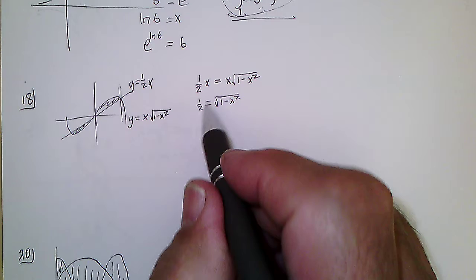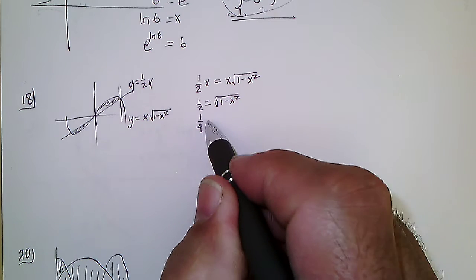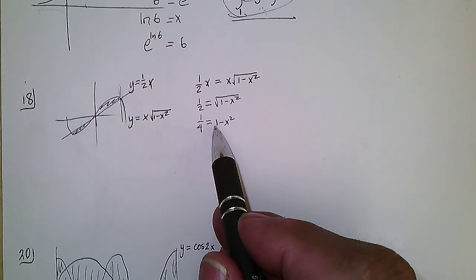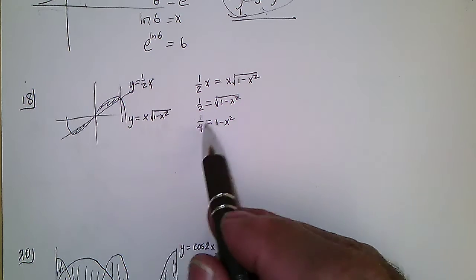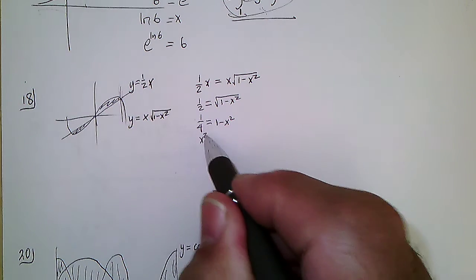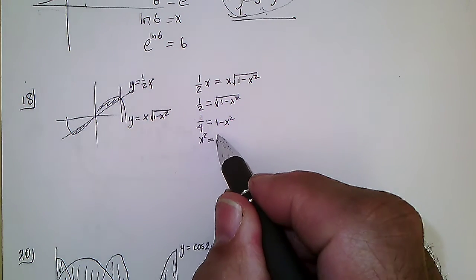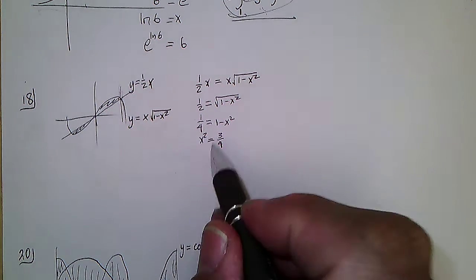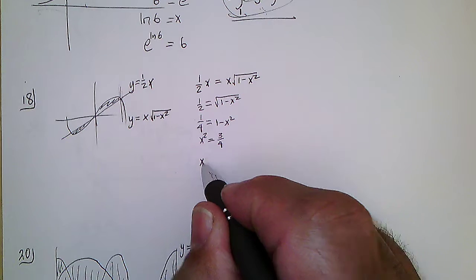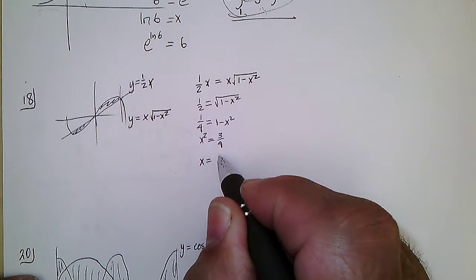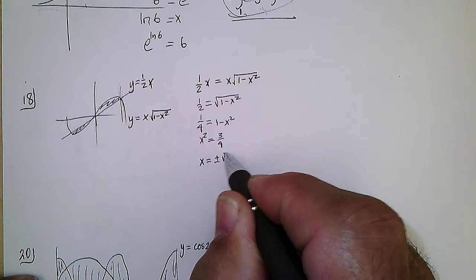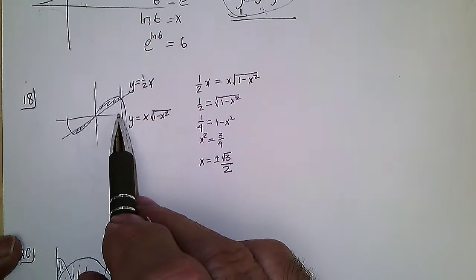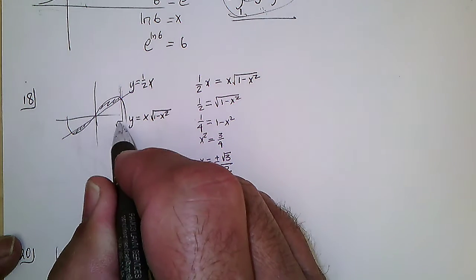If I square both sides, I get 1/4 equals 1 minus x squared. Add x squared, subtract a fourth, and I get x squared equals 3/4. Take the square root, and I get x equals plus or minus the square root of 3 over 2. That's how far out the x's are.